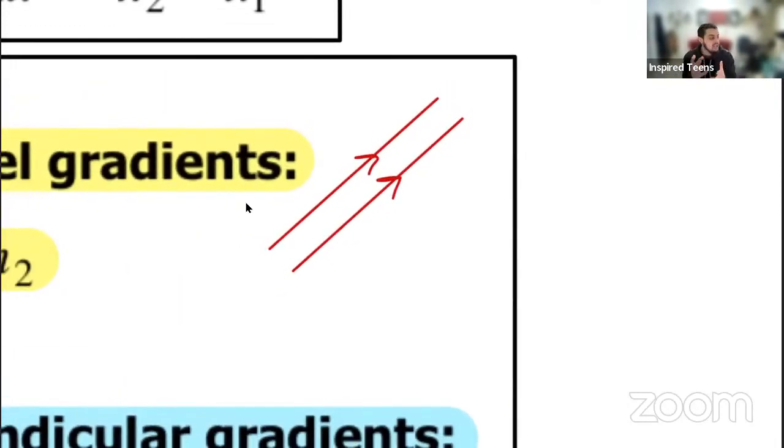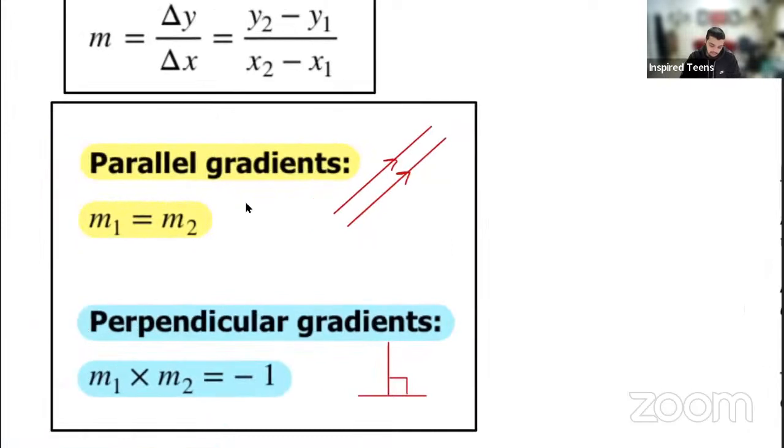Lines that are traveling in the same direction but will never touch each other. Okay, that just makes sense. They are adjacent to one another, traveling in the exact same direction. It just makes sense that they have the same slope, right? The angle at which they are is the same. How they are orientated has to be the same, because if they're not, then they wouldn't be parallel lines. Okay, so the gradient of parallel lines equal.